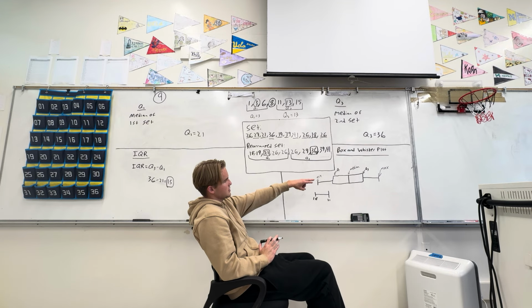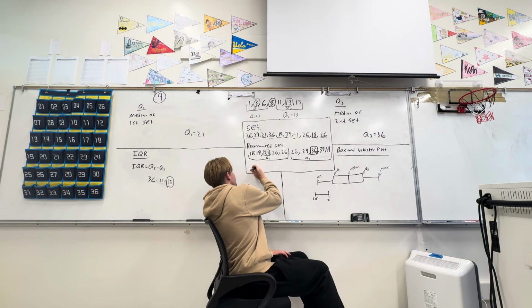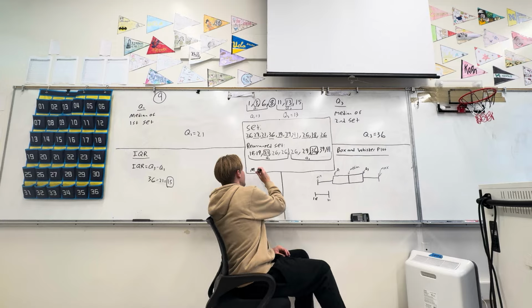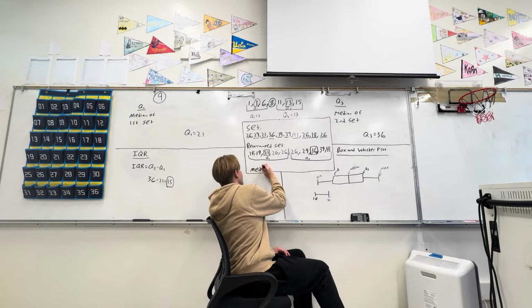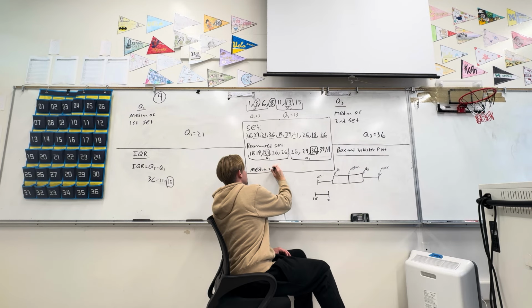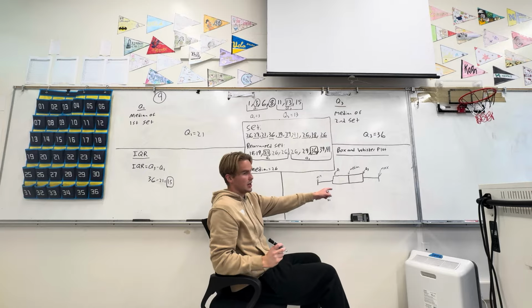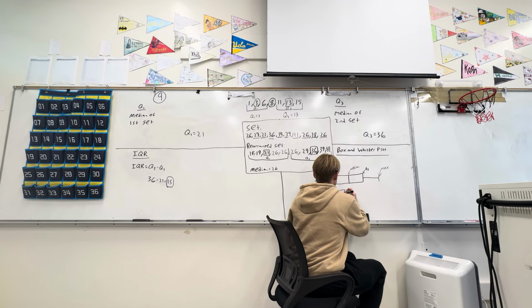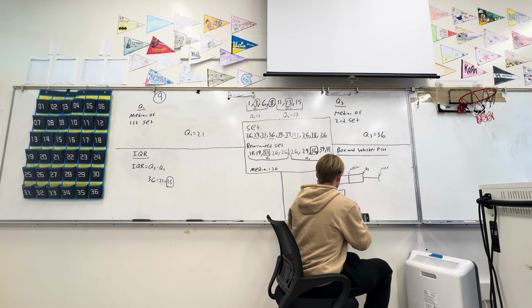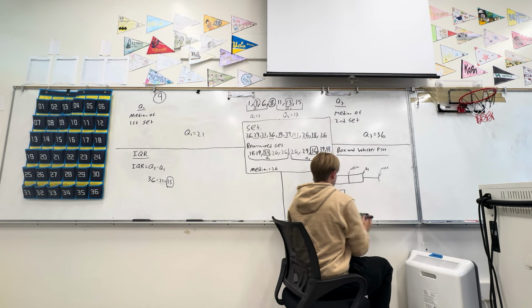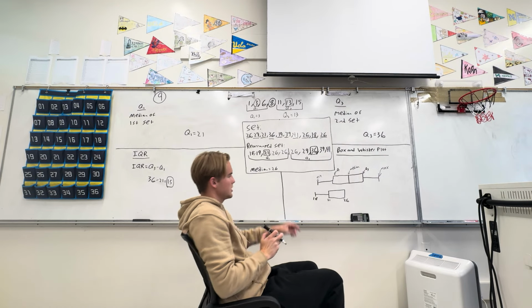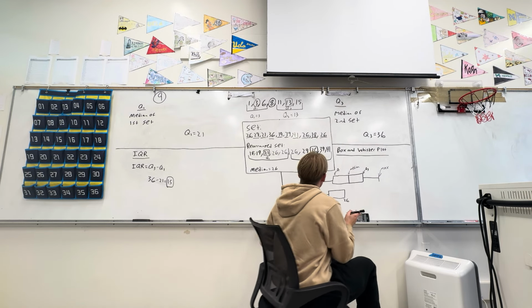That first box is going to go up to the median, which we found in the first video, the median was 26. So the first box is going to be up to 26. And then that second box is going to go to Q3. Q3 we said is 36. So this one's going to go longer.